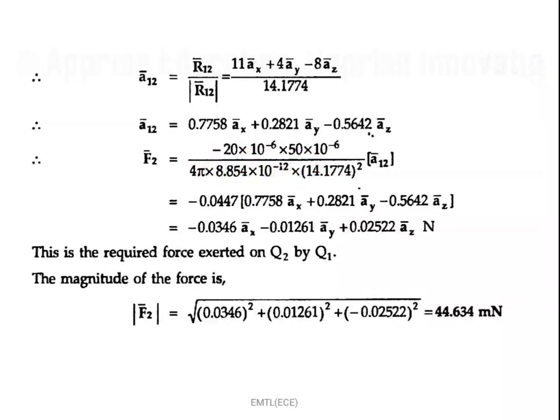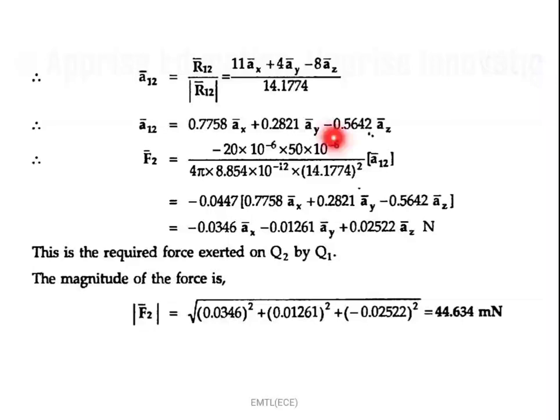So minus 20 into 10 power minus 6, 50 into 10 power minus 6 by 4 pi epsilon naught value, which is 8.854 into 10 power minus 12, and mod of R12 square value is 14.1774 whole square, and as usual there is a vector notation a bar 12.